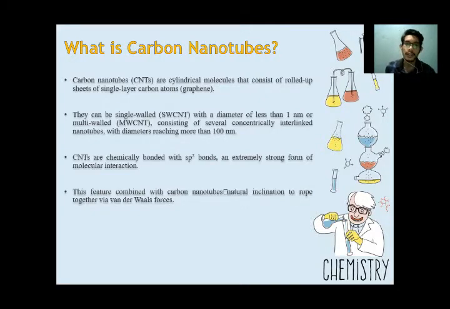CNTs, or carbon nanotubes, are chemically bonded with sp2 bonds, an extremely strong form of molecular interaction. This feature is combined with the carbon nanotubes' natural inclination to rope together via van der Waals forces.